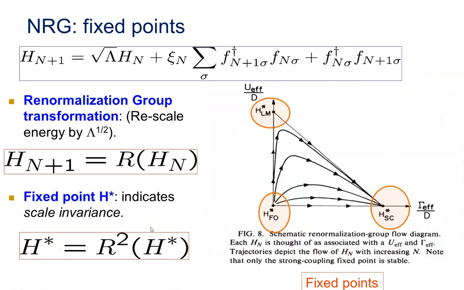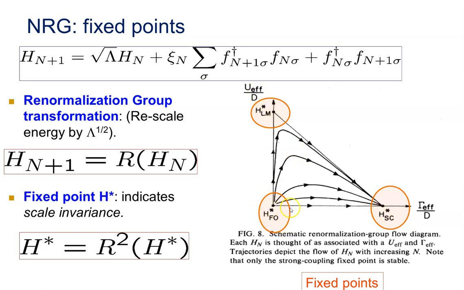So in the RG language, you can think of these fixed points in parameter space, say U on one axis and gamma on the other one. So this is local moment for gamma equals 0, say, and U very large. And then there's the strong coupling, or the Kondo fixed point, and this is the free orbital, where U is equal to 0.